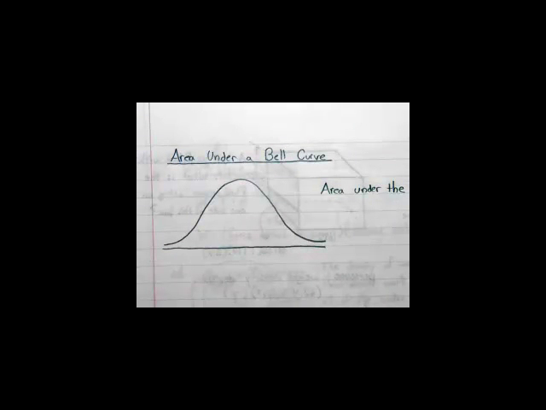So if you find an area of one little chunk of it, and let's say you get like 0.65 for the area of this one piece of it that you're looking at, well, then you can know for certain that 65% of the data is in that portion. Or if you do the area under the curve and you get 0.8, then you know that 80% of the data is in that little piece of it. Okay, so wherever you're partitioning it, then you can work out a percentage of the total based on how much of the area you have in relationship to 1, because the whole area is 1.